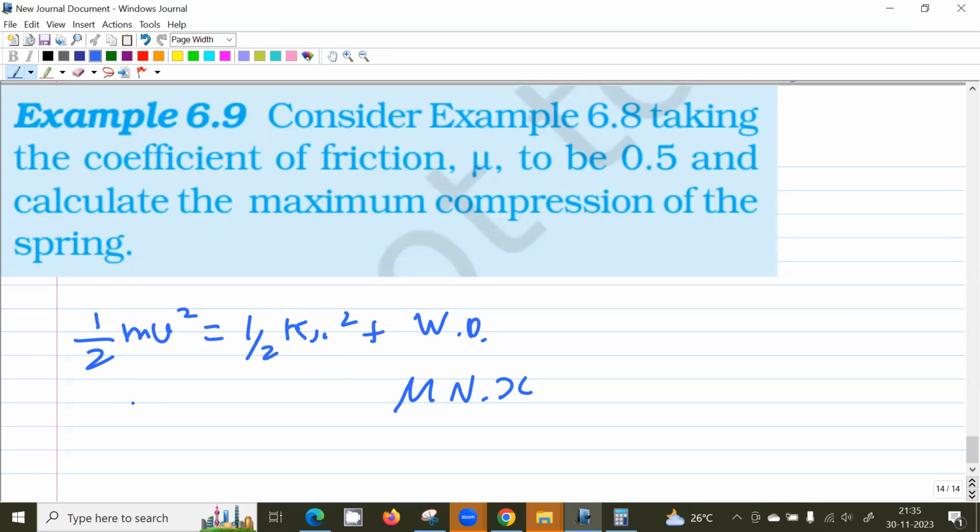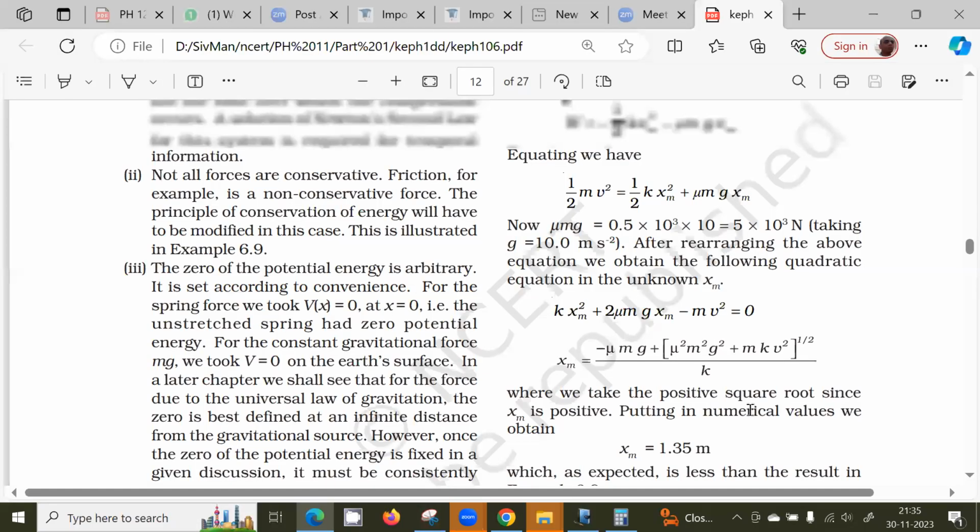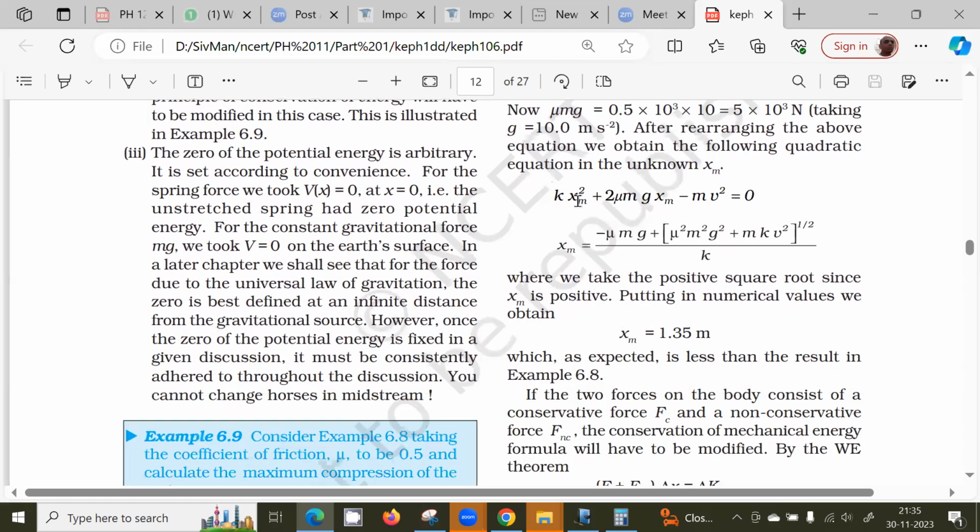Half m, this is 500. M is 1000, right? So 500. V is the given initial velocity, 5, so that is 25. 500 into 25 is equal to half into 6.25 into 10 to the power 3 into x square plus 0.5 into 1000 into 10 into x.